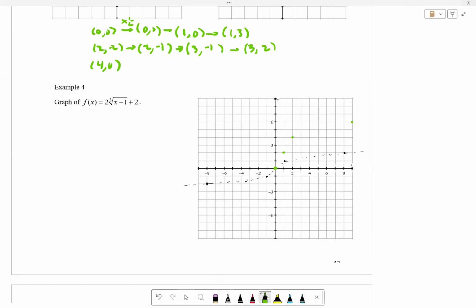I hope you can see this as a stretch. We're pulling this down. It was at -2, now it's at -4. Over 1, up 2. What do you think, Raquel? Does that make sense? Is that where you ended up earlier? Okay. Cool.